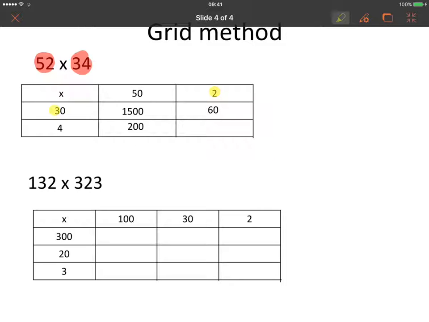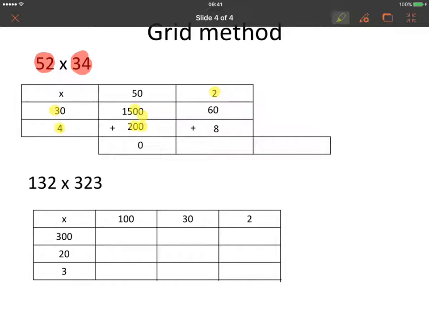And lastly, 4 times 2, fairly straightforward. 4 times 2 is 8. Again, I have got my units under my units and my tens under my tens. I've done that because now I can add them up. So 0 add 0 is 0.